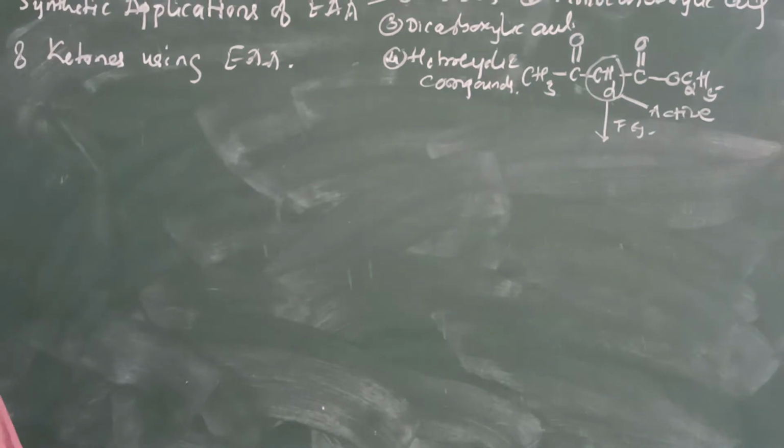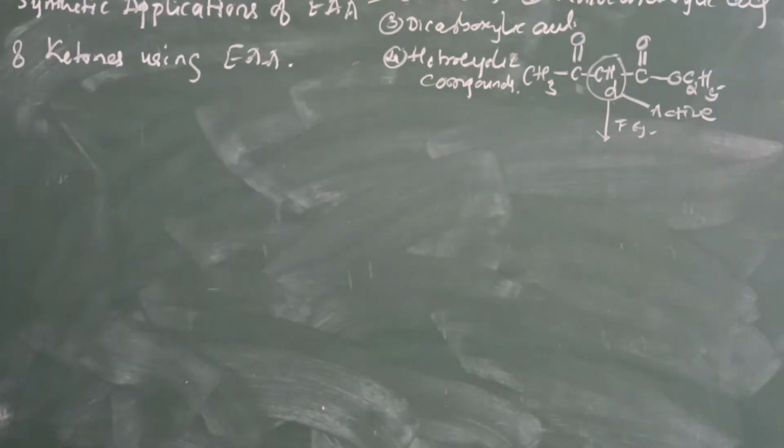So you can see, I will write the modified structure of this: CH3, CO, CH2, CO, OC2H5. Okay. Here the active hydrogen is to be written here, and the remaining two functional groups present on this will be written like this. So this is the same EAA which is represented there.